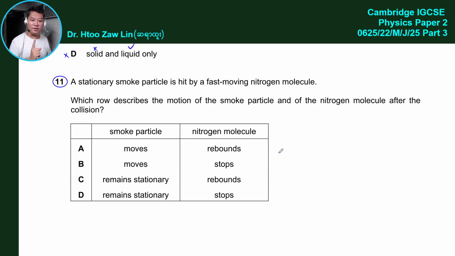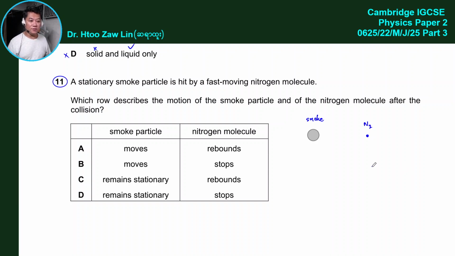So I think this question is about Brownian motion. Okay. Brownian motion. You know that? Let's draw the smoke particle first. So let it be the smoke particle. And let this little dot be a nitrogen molecule.